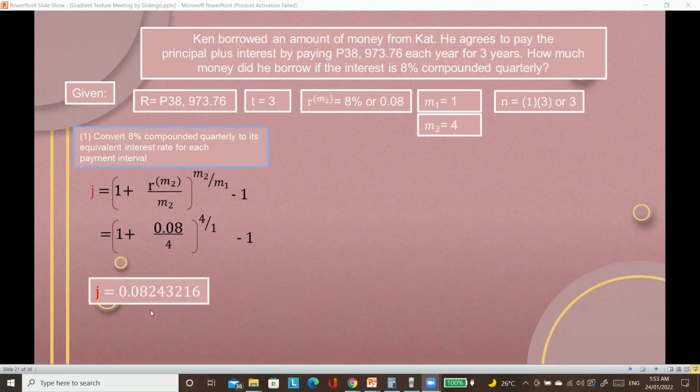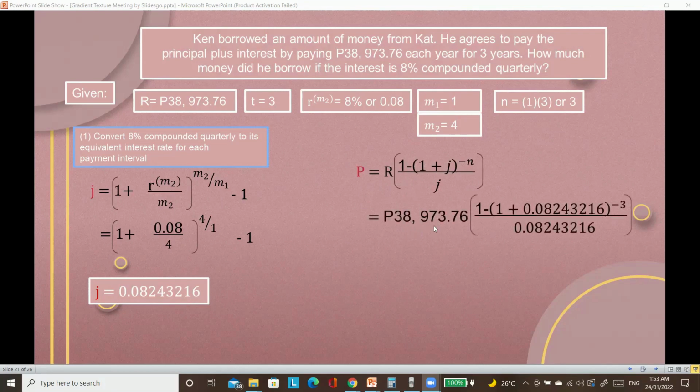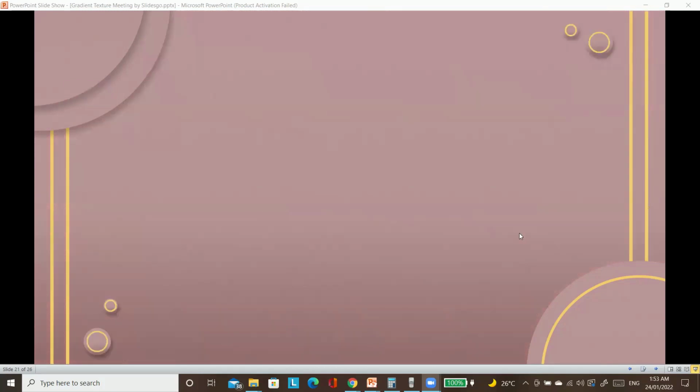Then pag sinolve natin, ito makukuha natin as our j. So may j na tayo, pwede natin isolve ang ating P. So ito yung formula sa P, substitute na natin 38,973 pesos and 0.76 centavos times 1 minus 1 plus our j raised to negative 3, kasi ang ating n ay 3, all over j ulit.